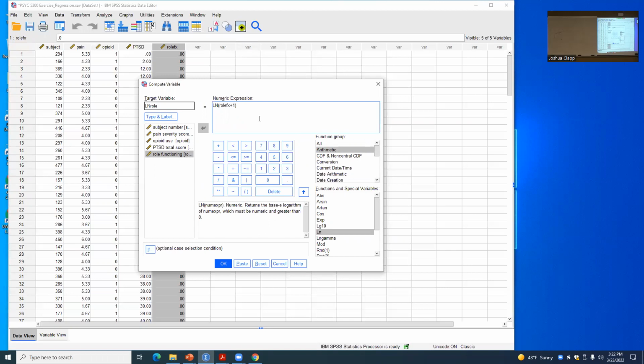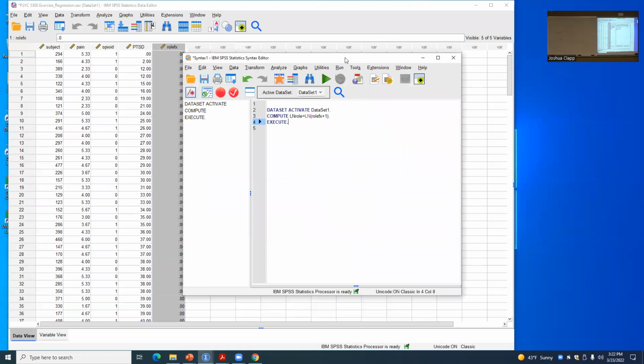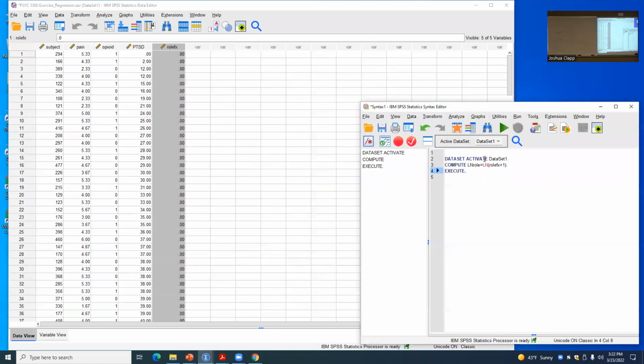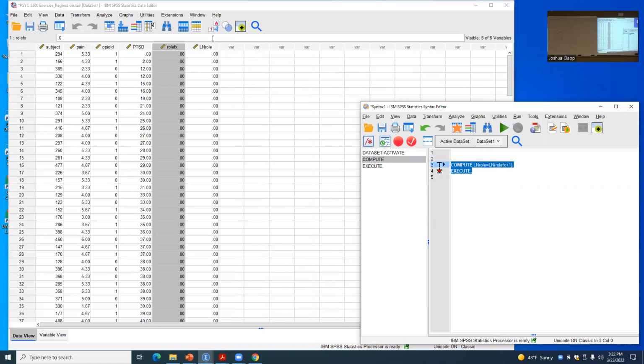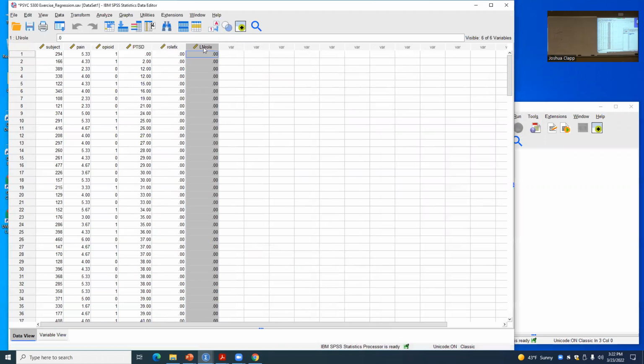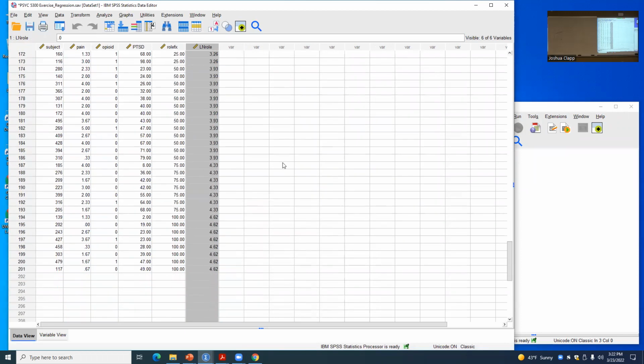Okay, so what we're going to do is I'm going to paste this here, and you can see the actual command is pretty straightforward. Nothing terribly complicated there. We're just going to run this, and now I've got a new variable that's the natural log of roll functioning, where most of my values are still 0, but I've changed things out.